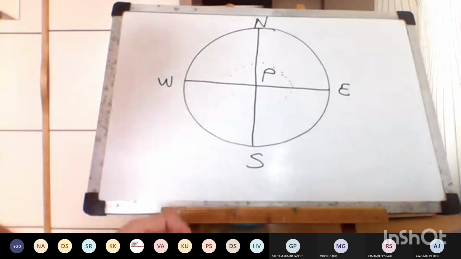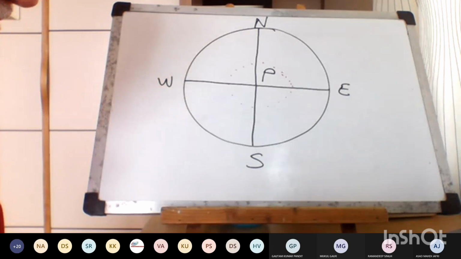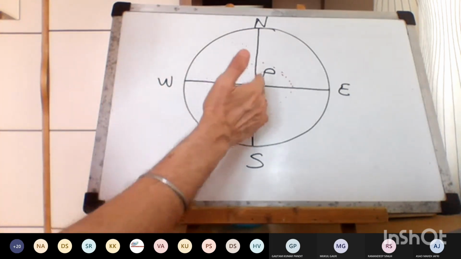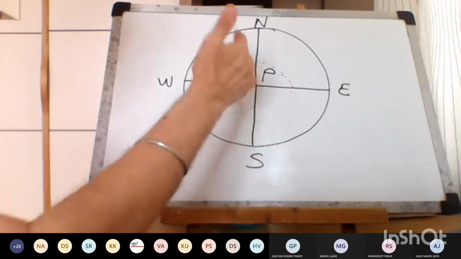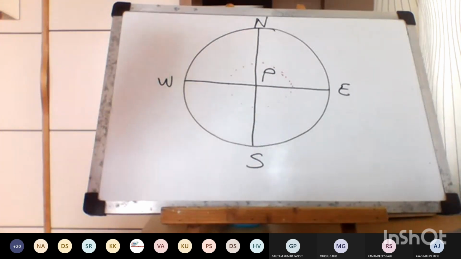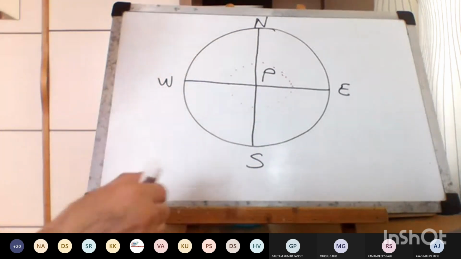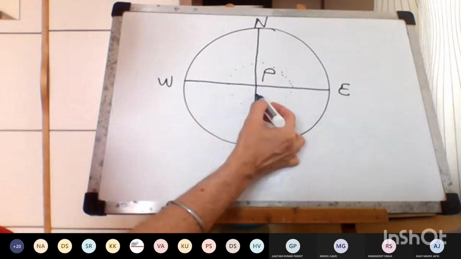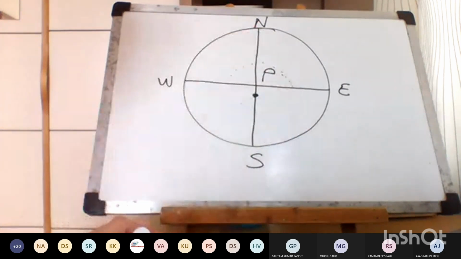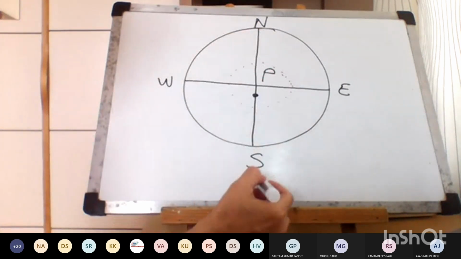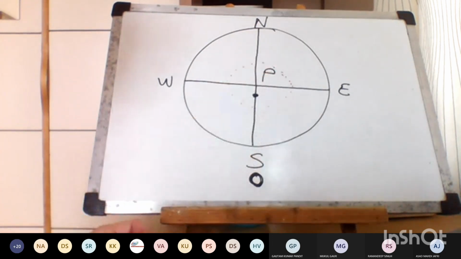And the observer is on the pole, let us say. And this is his main meridian, north and south. Or you can say the observer is somewhere here. The point I'm trying to make is that this is the observer's meridian. The observer is on this meridian.